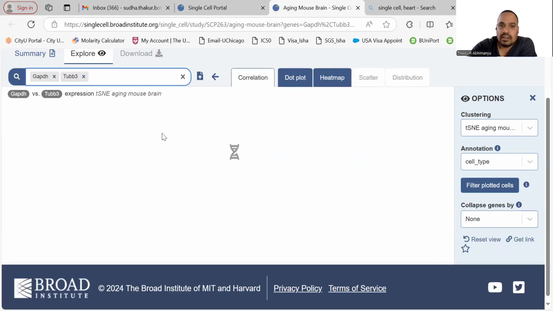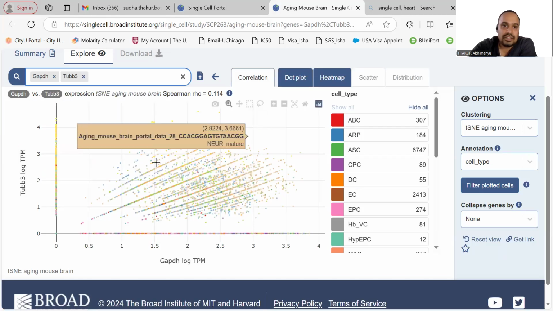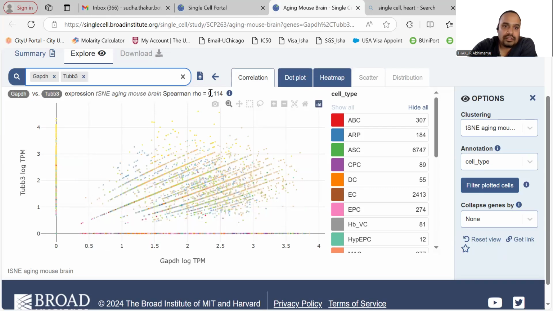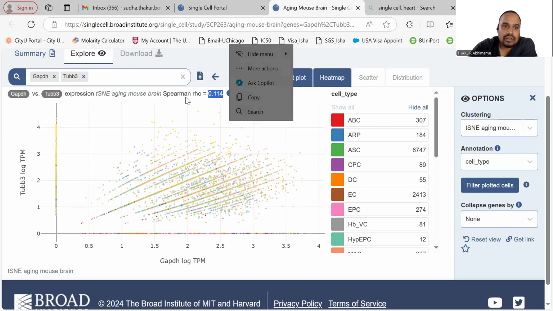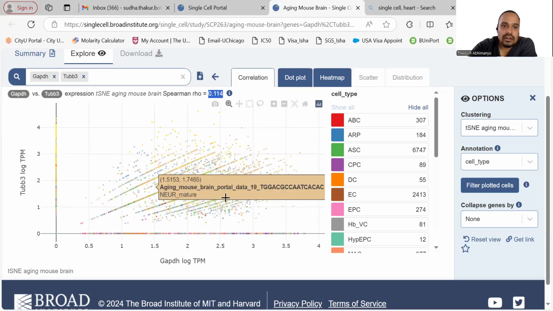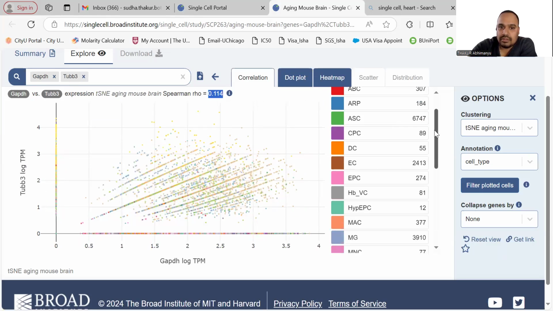If you don't find a gene, you can easily check GeneCards. Here you can see a correlation graph, and it also gives you the Spearman rho value, and it is quite positive. This shows that these two genes are positively correlated, although not too high, they are still positively correlated.